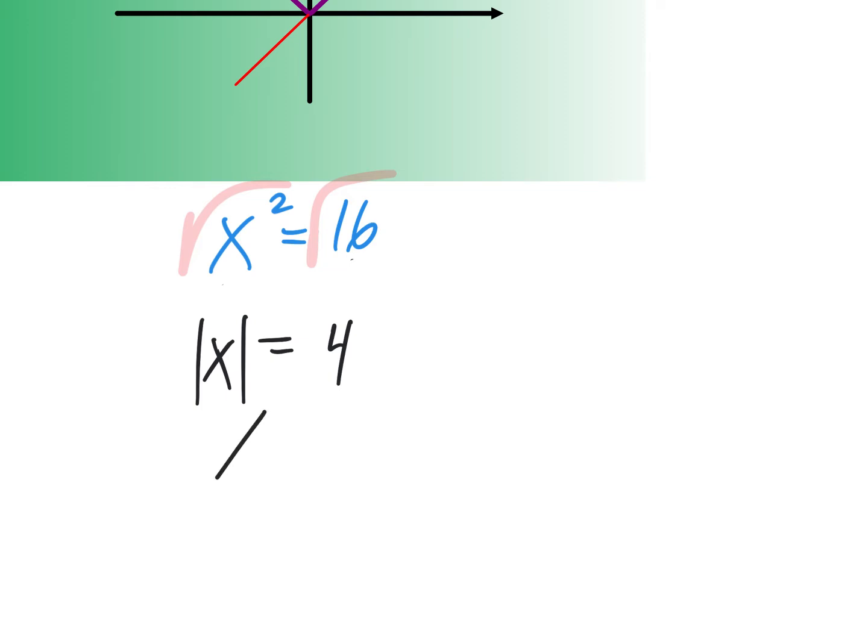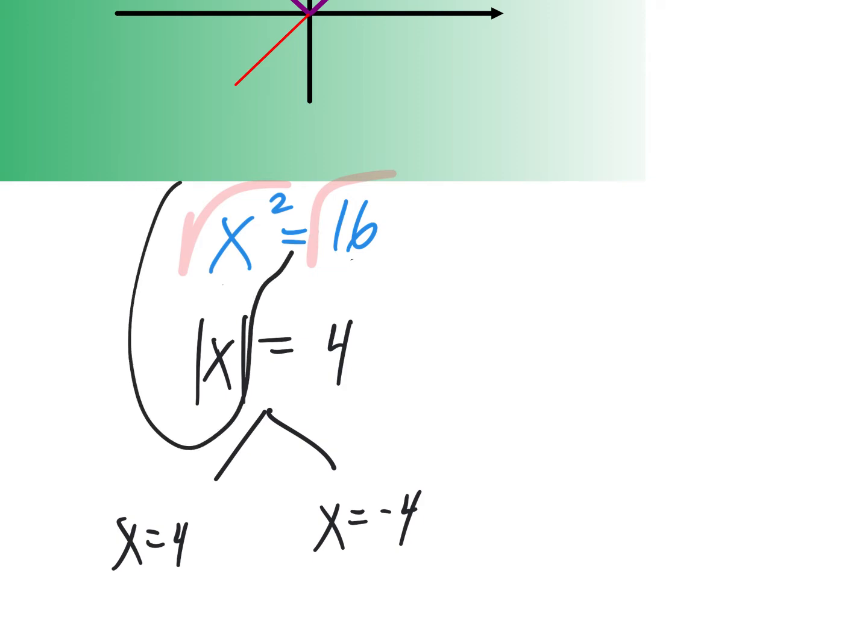You can split this absolute value into 2 things: x equals 4 and x equals negative 4. You might be like, but it still comes out plus and minus 4. But the problem is, if you don't get that this is an absolute value, and today's all about absolute values, that would be kind of sad if you think this skips over absolute values.